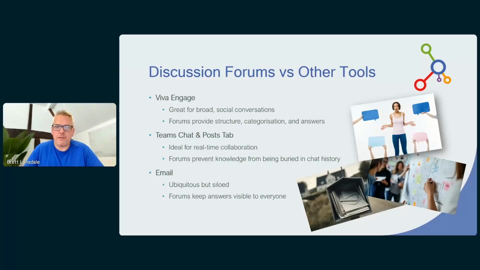One of those reasons is the fact that it's feed driven. So the discussions are relevant now, and come tomorrow or a week's time, they're off the radar. It's not something that we're continuing the conversation with. There could also be Teams chats or conversations using the posts tab within there.